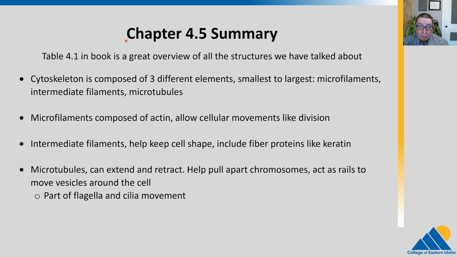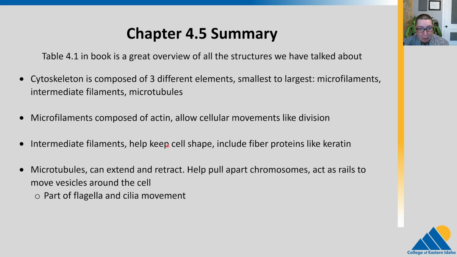The cytoskeleton, at its core, is composed of 3 different elements. From smallest to largest, we have our microfilaments, intermediate filaments, and microtubules. We'll come back to some of these in just a moment, particularly intermediate filaments, some of their uses in holding cells together. Microfilaments, composed of actin, allow cells to move in places like cellular division.